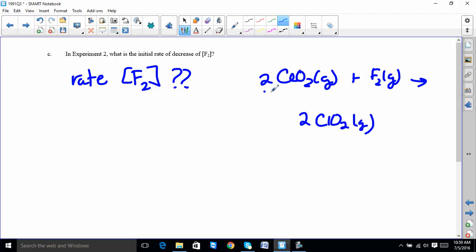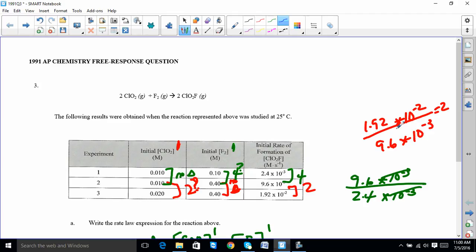This concentration and this concentration are going to go down as the reaction proceeds, and this concentration is going to go up. That's why they say decrease. Now, if you go back 2 slides, they gave you the rate of this stuff, and they asked about the rate of this stuff.